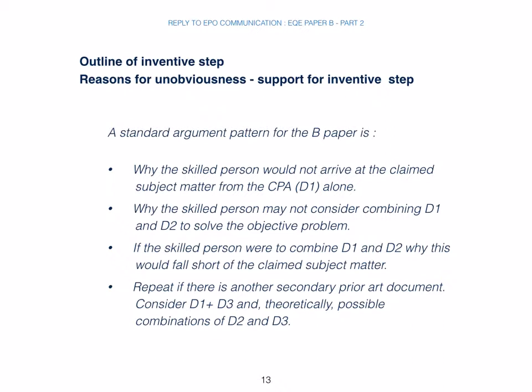So you would consider D1 plus D3 and theoretically possible combinations of D2 and D3. This standard argument pattern can be applied to paper B situations, and I suggest that you use it as a framework for your plan to build up the arguments. Let's start from D1.